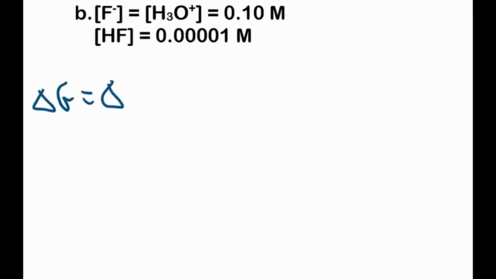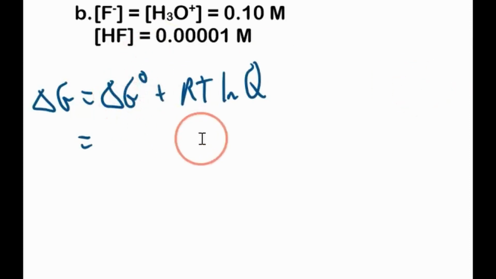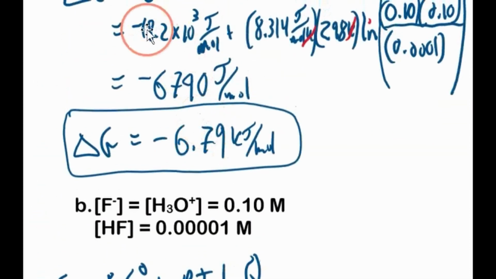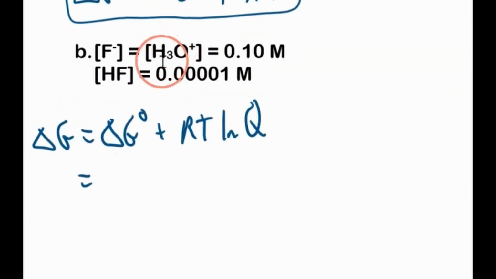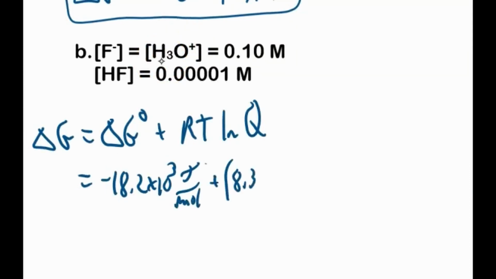The change in Gibbs free energy equals the standard change in Gibbs free energy plus RT ln Q. The standard value is the same because the reaction doesn't change: negative 18.2 times 10 to the 3 joules per mole. R is still 8.314 joules per mole Kelvin, and temperature is still 298, we have to assume.